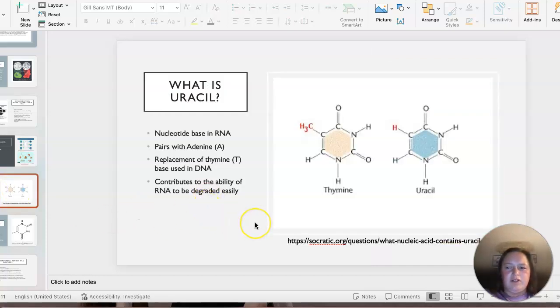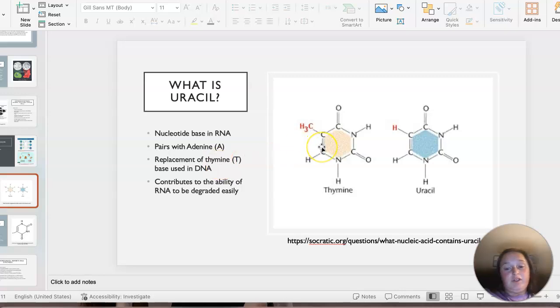Now let's get more into the molecular part of things. We're going to talk about uracil. Uracil is a nucleotide base in RNA. It pairs with adenine, which is the A. In DNA there are 4 different bases: cytosine, guanine, adenine, and thymine.